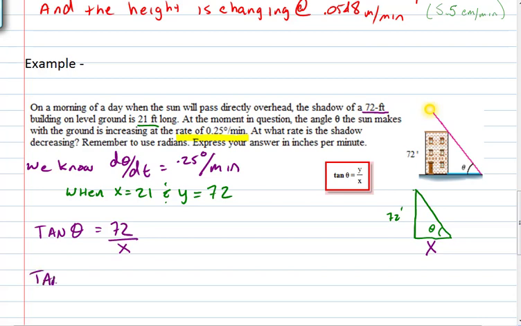So tangent theta is equal to 72 x to the negative 1. What is it that we want to know? At what rate is the shadow decreasing? That is dx dt.